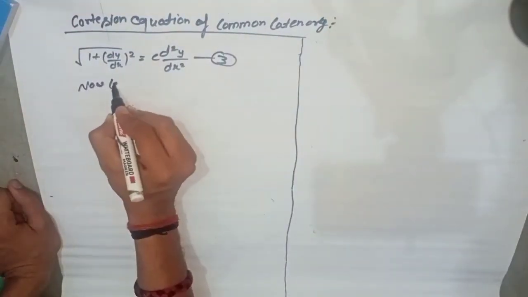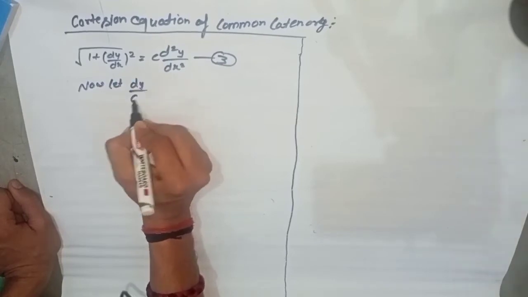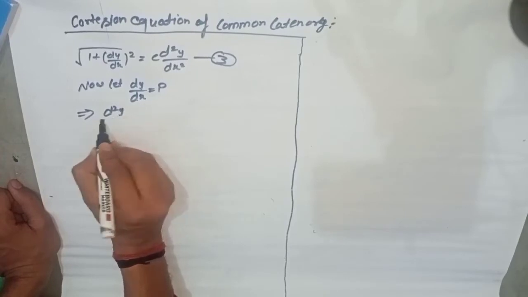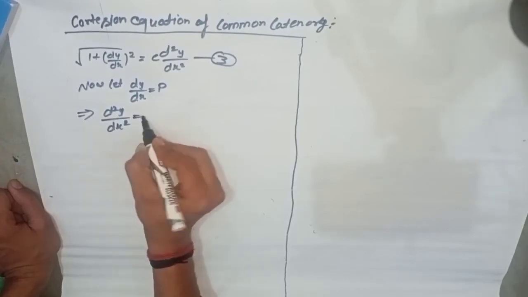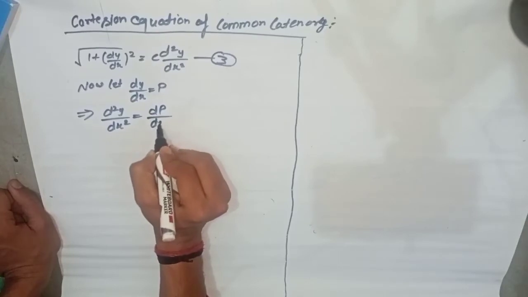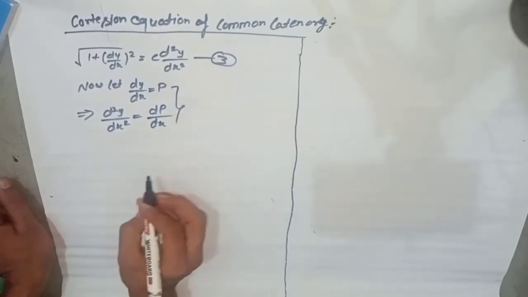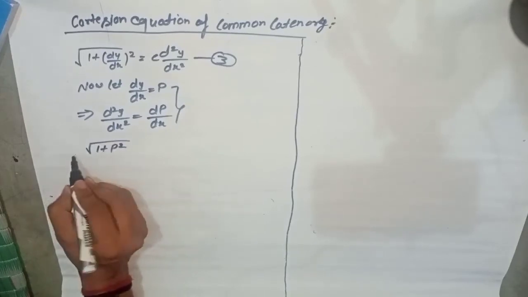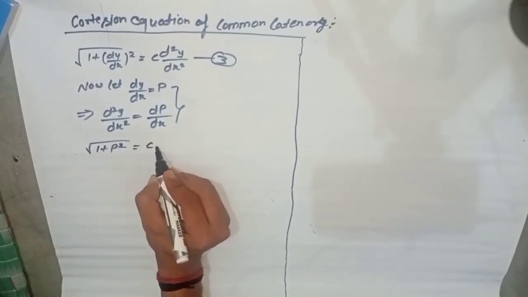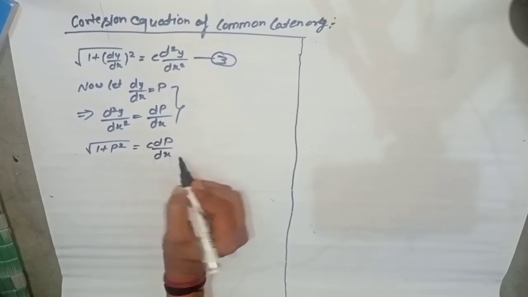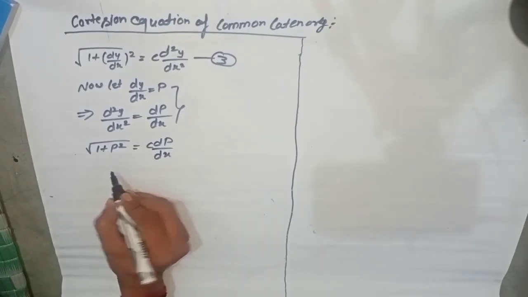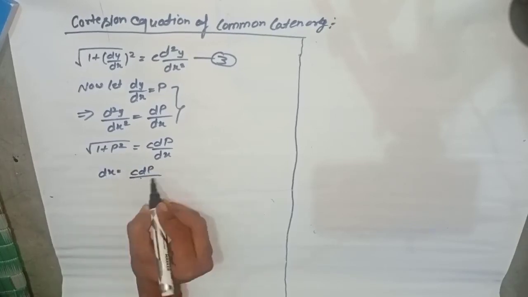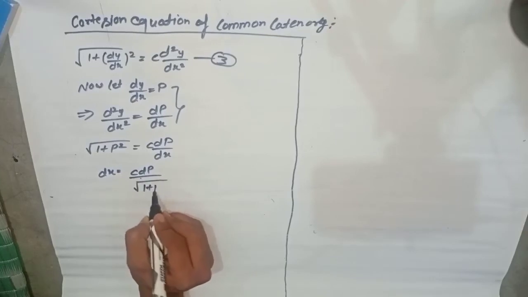Now we use this in equation third, then we get under root 1 plus p square equal to c dp by dx. Now we write this equation as dx equal to c dp upon under root 1 plus p square.